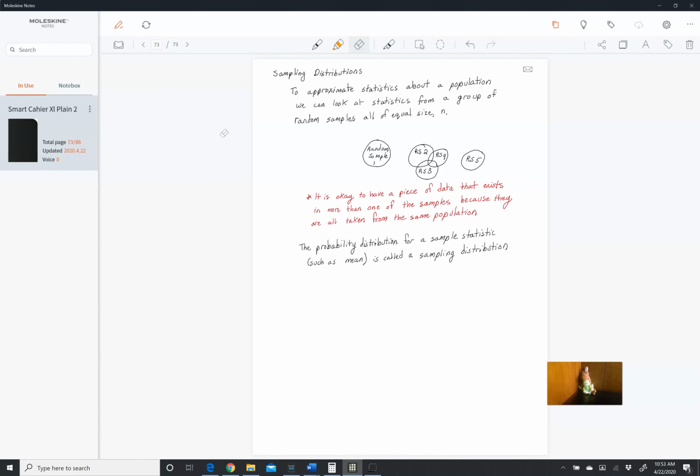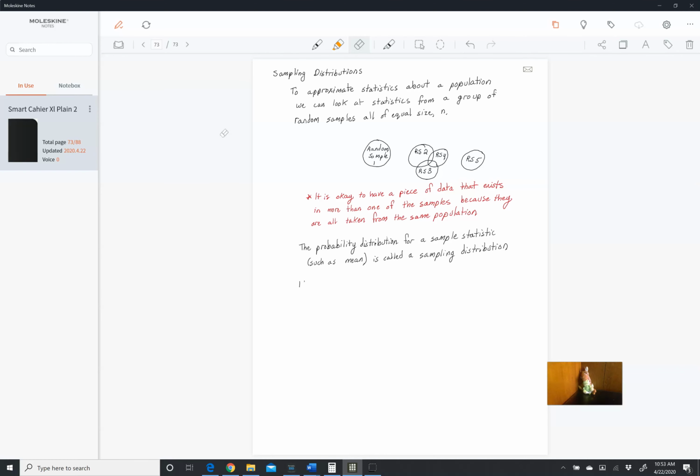So the probability distribution for sample statistics, such as the mean, is called the sampling distribution. We don't have to take the mean speed for everybody, we could do something else, but we're going to concentrate on the mean.